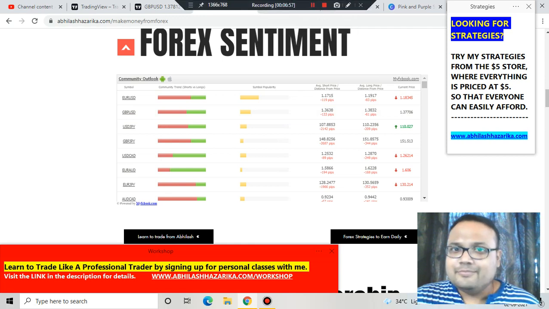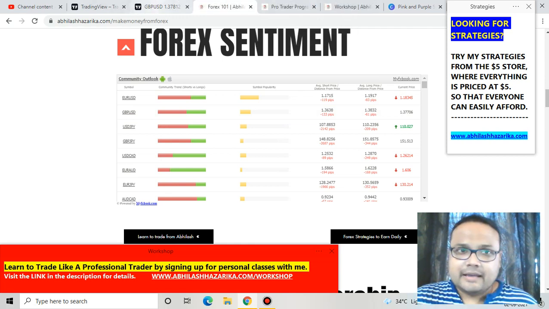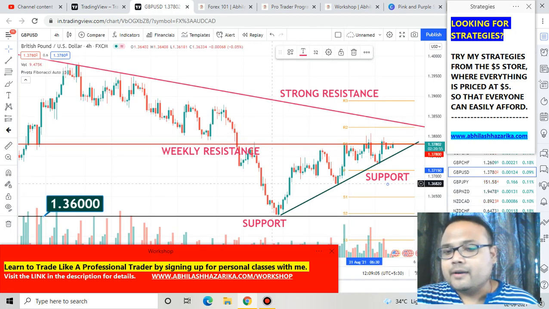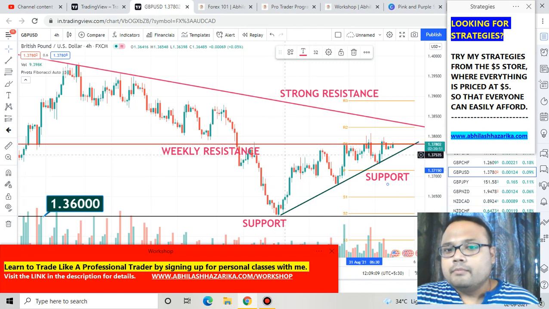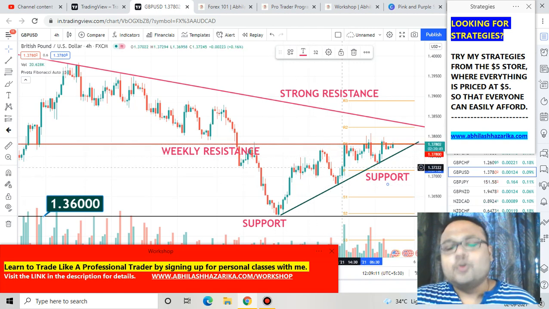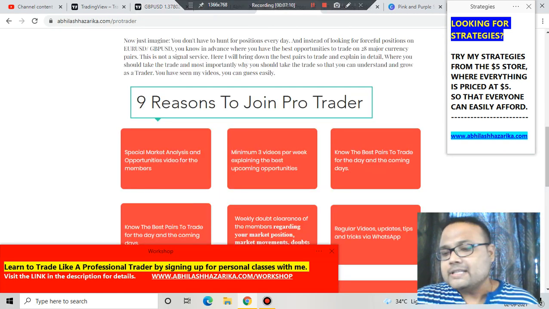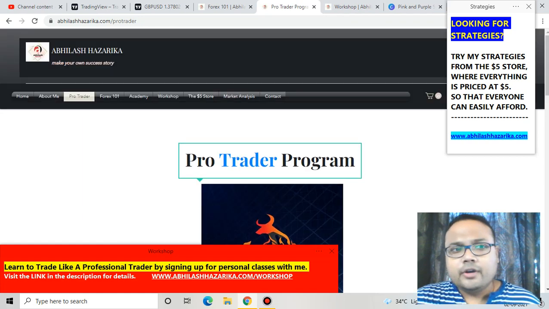So there is a possibility that market will be going up from here. And as I've clearly mentioned, in a pattern like this, generally we see market going up because market is constantly forming higher lows here.